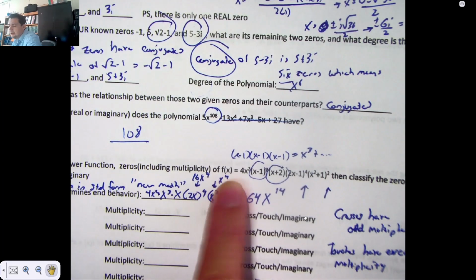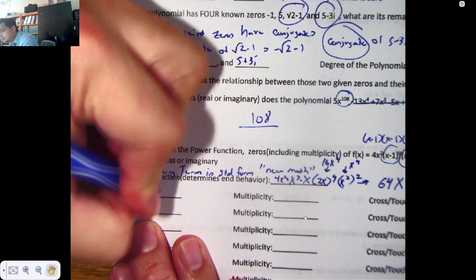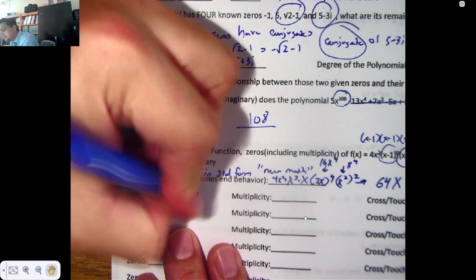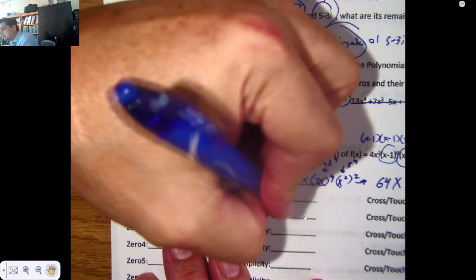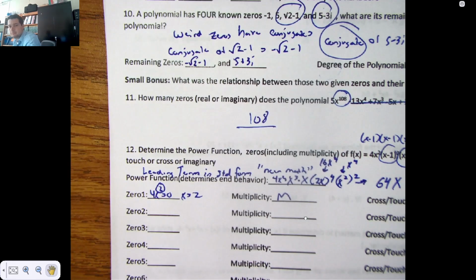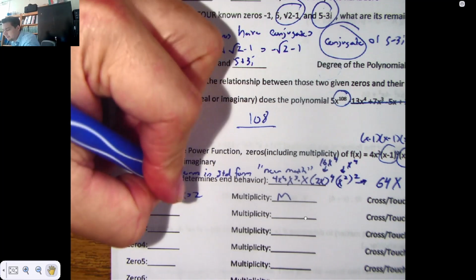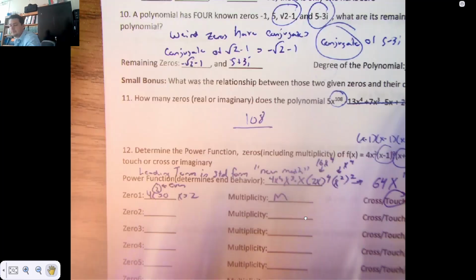So the first zero happens right here, 4x squared. We say 4x squared is 0. Well, x is 0. The exponent tells me my multiplicity. 2 is even. That is a touch.